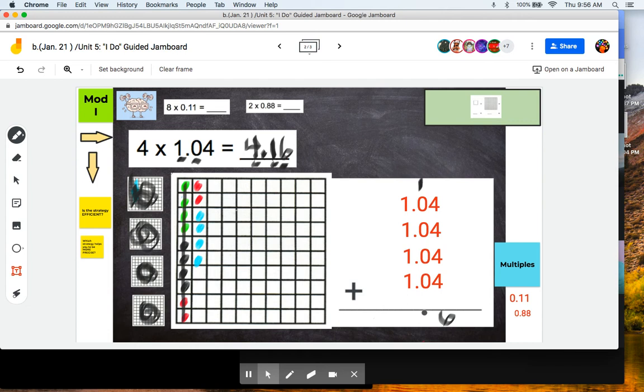Tenths column, 1. Drag my decimal point to line it up. And add my ones. 1 plus 1 is 2, plus 3, plus 4. 4 and 16 hundredths as my sum matches my product shown in my math model.